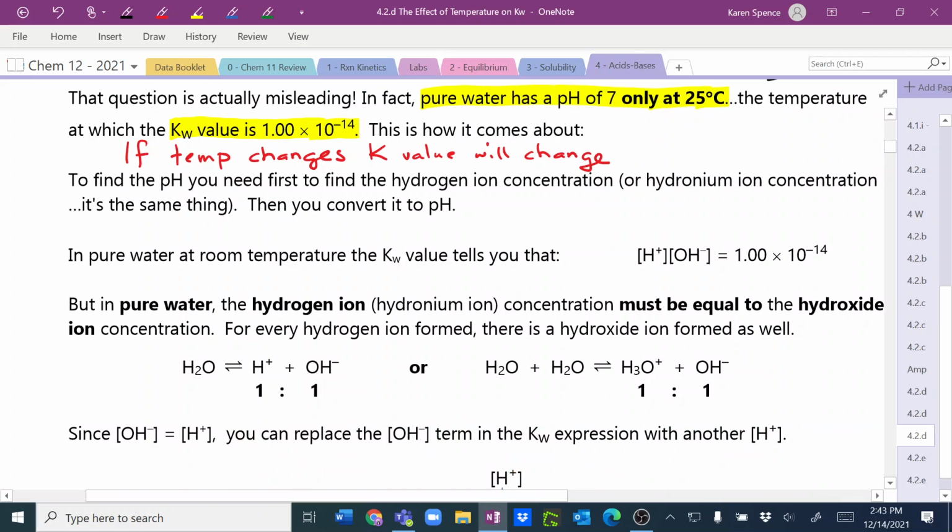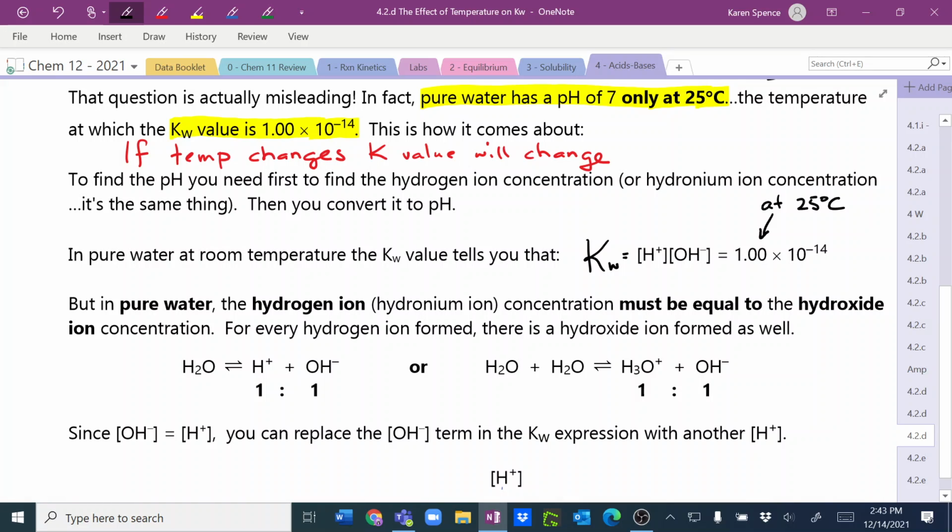Well, we know that Kw is equal to the concentration of hydrogen times the concentration of hydroxide, yes? And we know that at 25 degrees Celsius, that's its value, 1.00 times 10 to the negative 14.